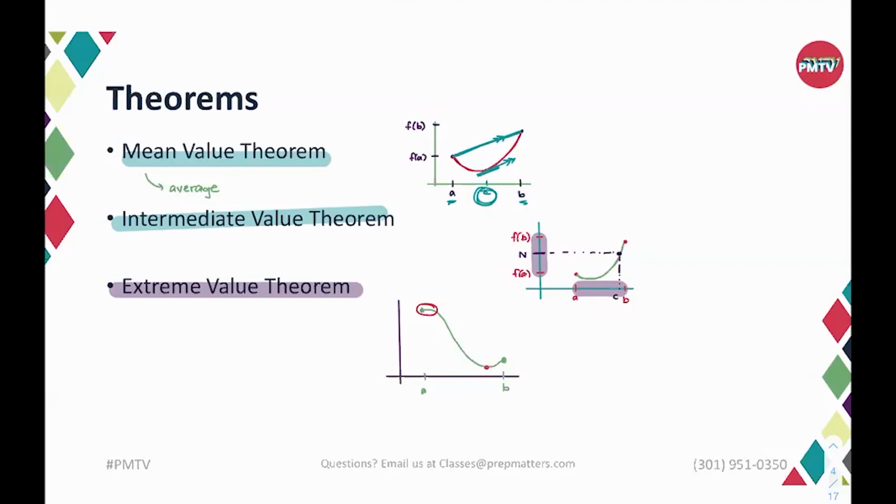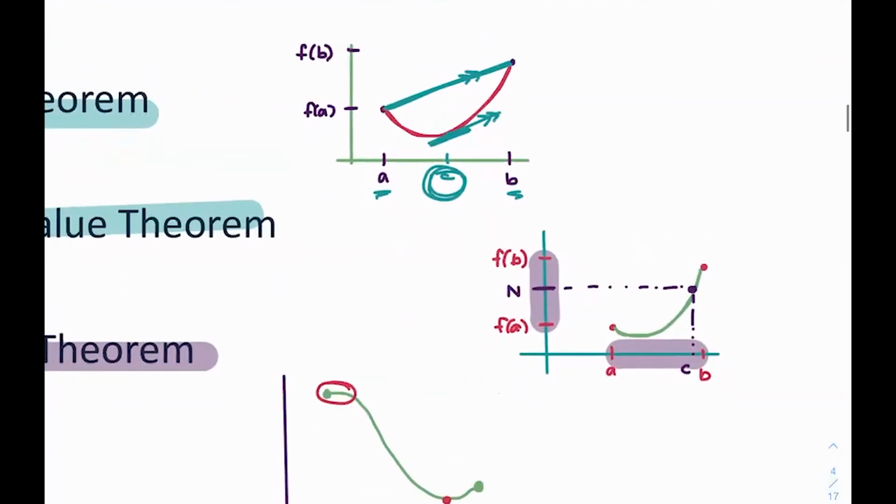Yes, this is only true. Everything that I just talked about is only true if the function in question is continuous between A and B. So if the function is not continuous between A and B, we can't make any of the claims that we just made, which should seem fairly obvious. If I know there's not a smooth continuous pattern between A and B, then I can't really make any claims about what's possibly going on there.